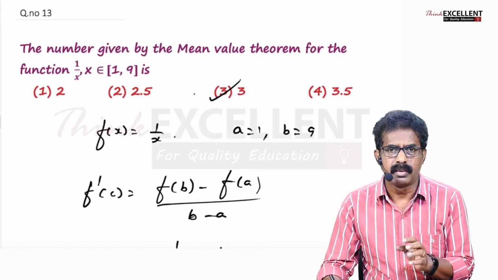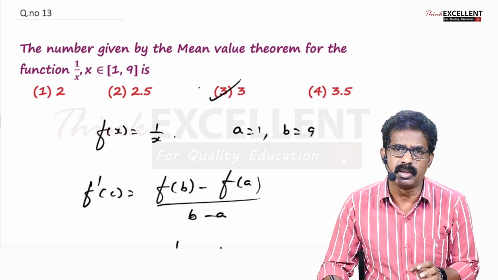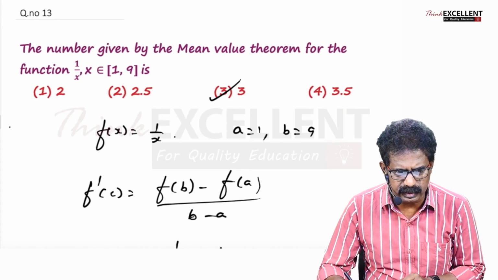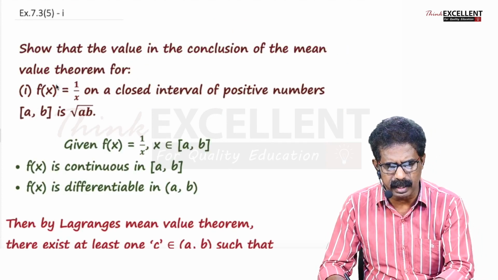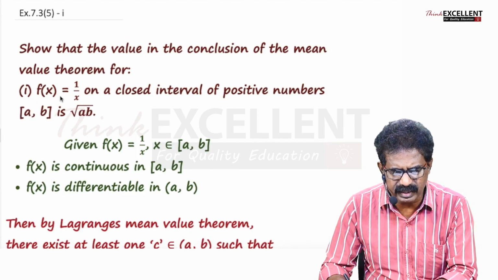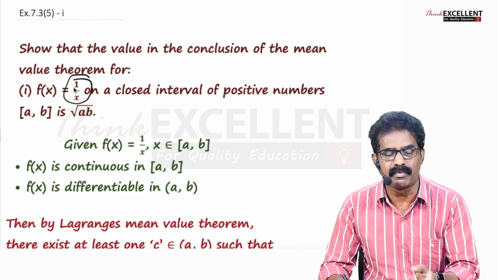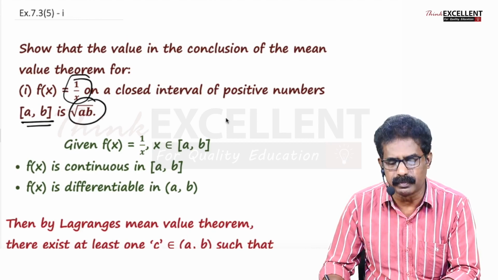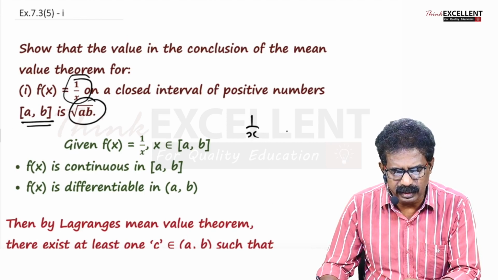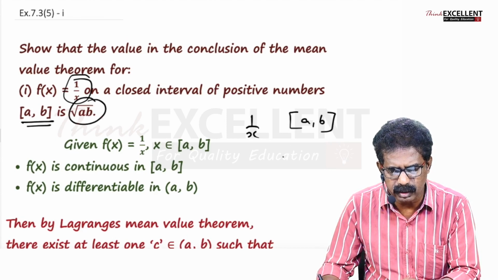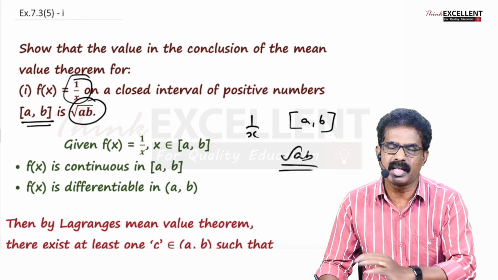There is a similar question in our exercise. It is exercise 3.5, fifth question, the first part. Show that the value in the conclusion of the mean value theorem for the function f(x) equal to 1 by x on the interval a, b is root ab. Here also we got the same function, right? If you remember this, straight away you can do it.